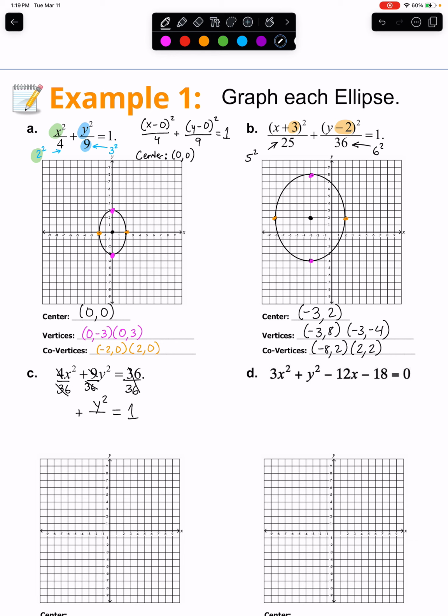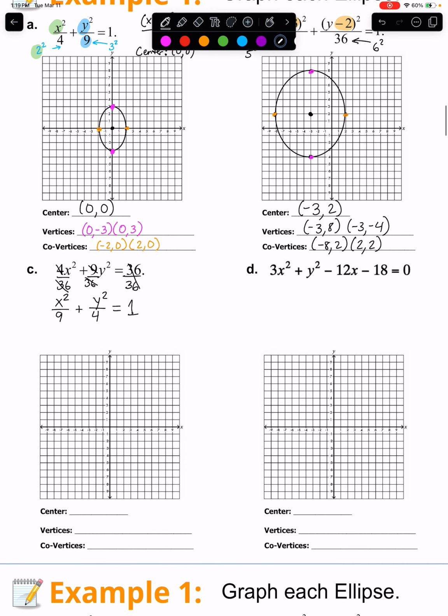So I have x squared over 9 and y squared over 4. Oh, my eraser. Uh-oh. Okay. And from here I can tell my center, 0, 0.